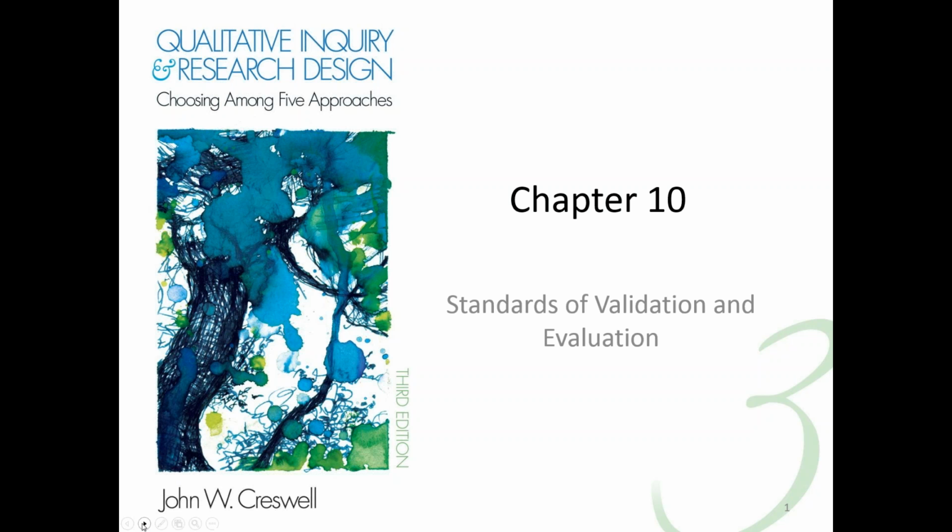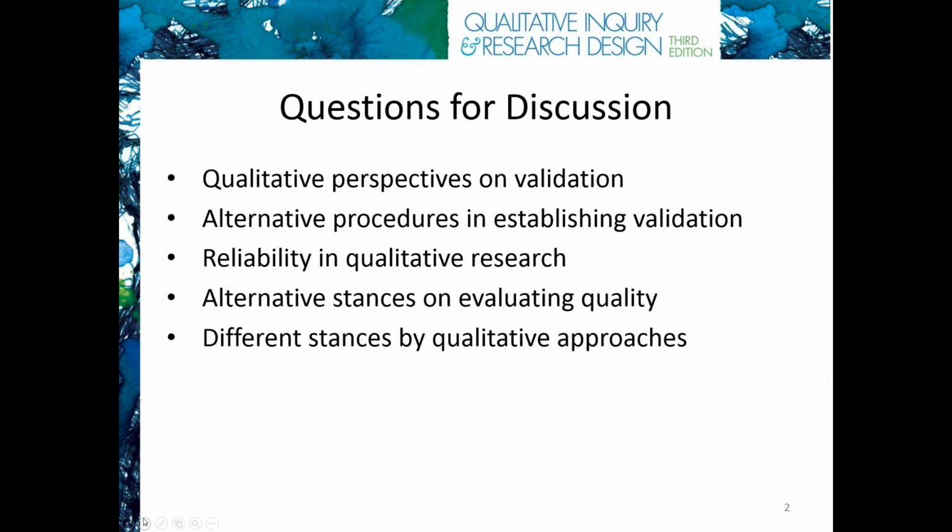to qualitative research. So given that, we will quickly go back and forth between types of validation, how you establish it, and validity and reliability, how you evaluate different stances on a qualitative research design.